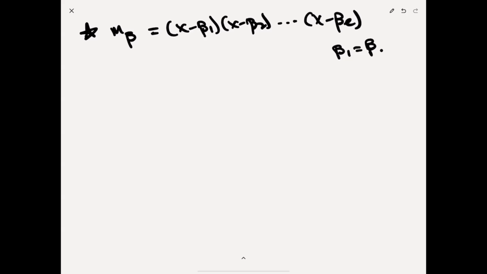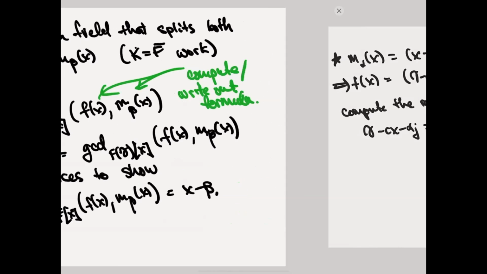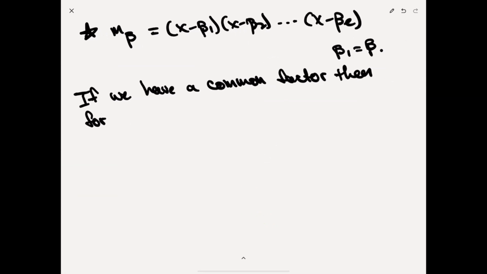And so now if we have a common factor, we're looking at common factors of f of x and m beta of x. We computed all of their roots. If they have a common factor, they have a common root, since these are monic polynomials. So common factors mean common roots.